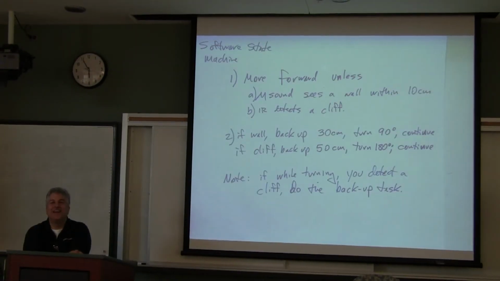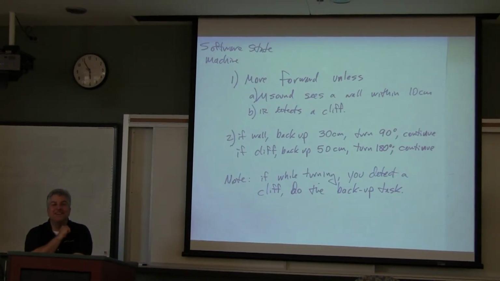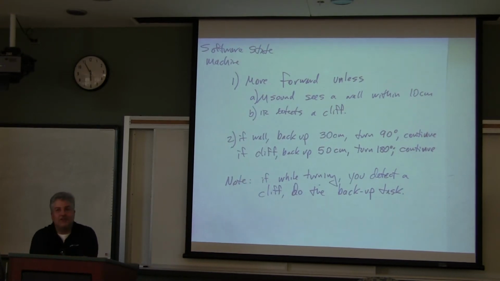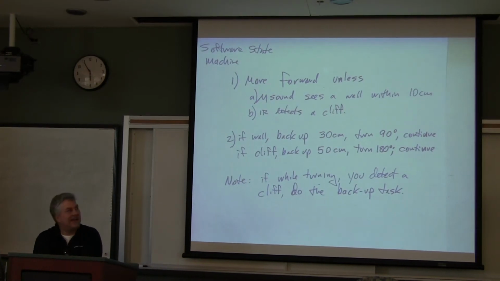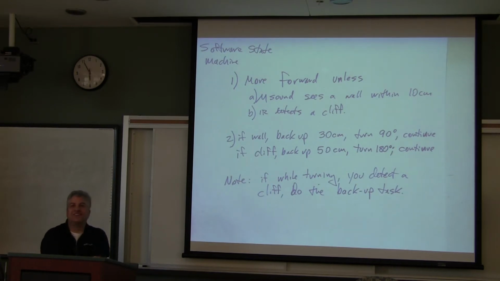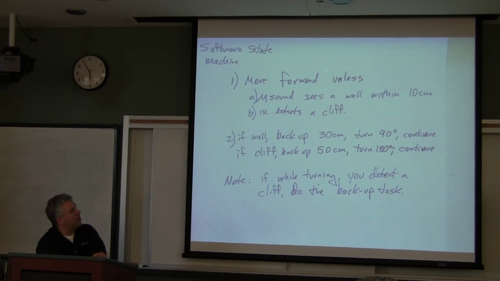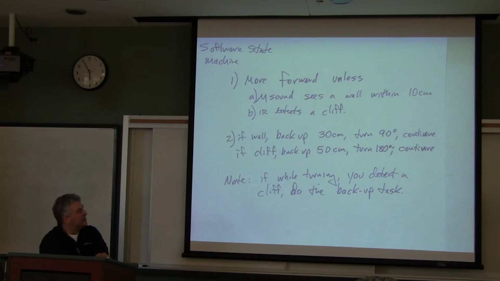All right, we're recording. One thing I need to add is that during the break I had to rewrite this a little bit. So if you were starting to solve the problem and were having difficulty with it, here we go. Here's what I said. Move forward unless the ultrasound sees a wall within 10 centimeters or infrared detects a cliff.